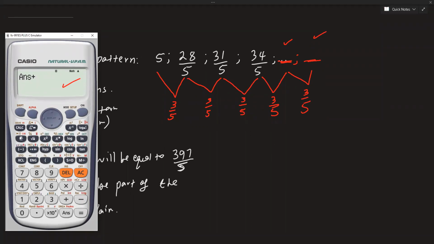The answer plus 3 over 5 gives us 37 over 5. So this is 37 over 5. Now here, I'm going to add another 3 over 5 to the answer. This gives me 8. So we found the next two terms.